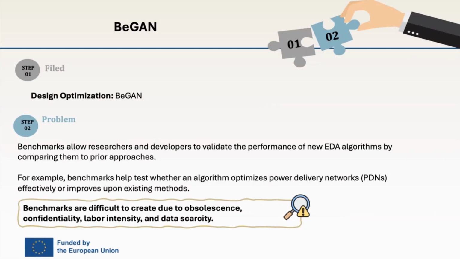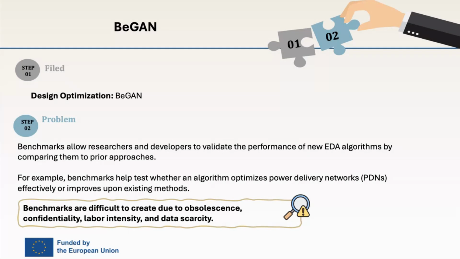Here we will talk about GAN, which addresses an optimization problem. We will talk about benchmark scarcity. First, when we design a new EDA algorithm or new tools, we need benchmarks in order to evaluate or validate the proposed method compared to previous methods.